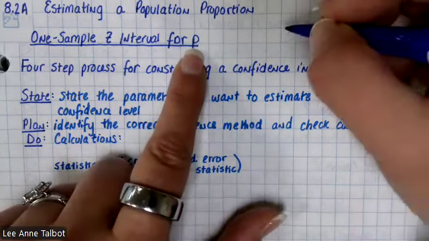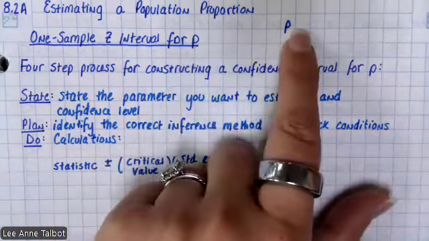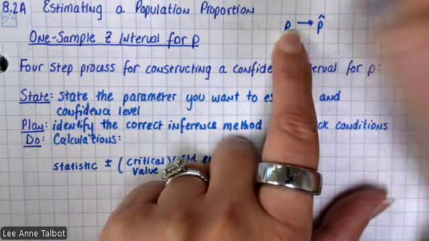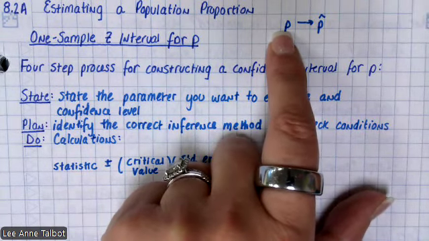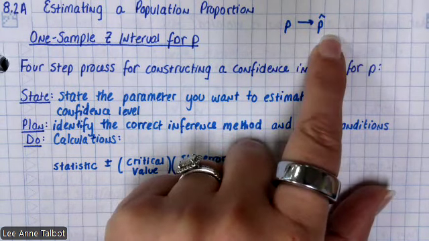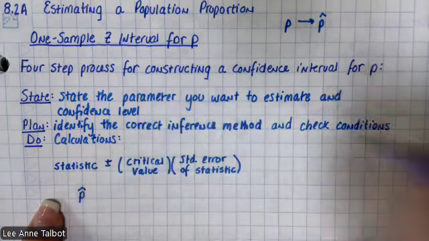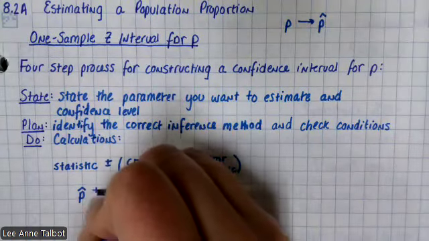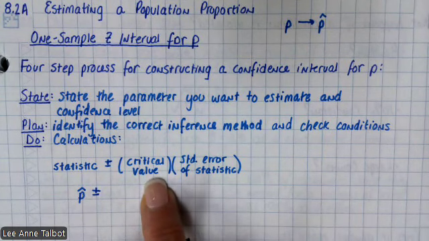Since we are working with P, our sample statistic will be P hat. P is the true proportion. P hat is from your sample. Does that make sense to you guys? So the statistic is going to be P hat, plus or minus the critical value, which is the number of standard deviations out on either side.